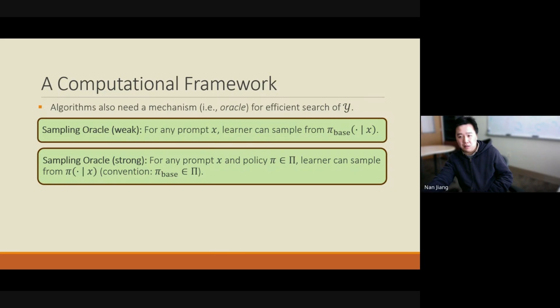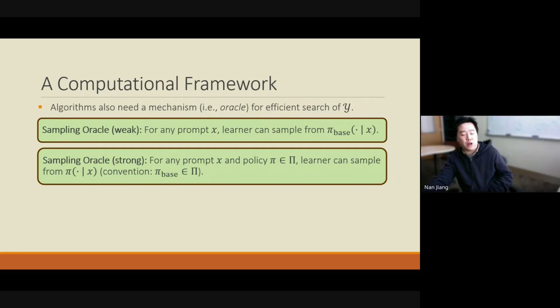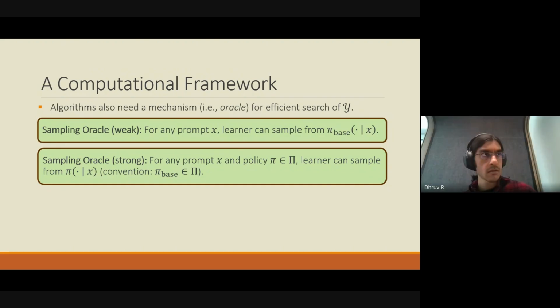Yes, so the thing that makes most sense in practice is really just the weak sampling oracle. But the strong one will be useful to state some different results. But no, for the strong one, if you're doing training, you gradually improve your policy. It makes a lot of sense to be able to sample from the latest version of your fine-tuned policy, right?